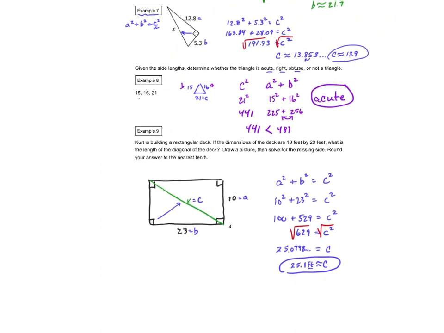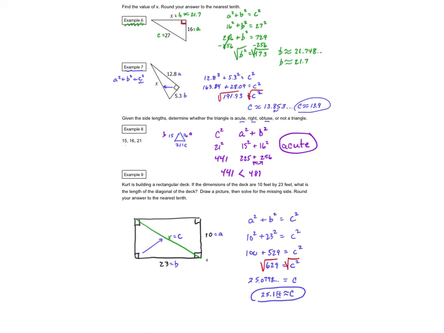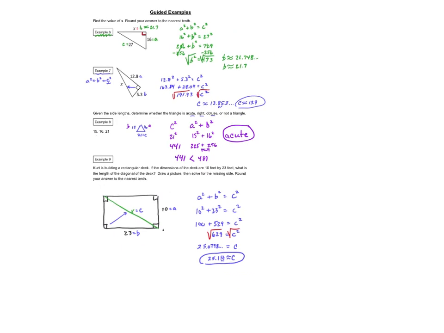So those are my examples as we talk about using the Pythagorean theorem to help us classify our triangles. And again, if A squared plus B squared is greater than C squared, that becomes an acute triangle.